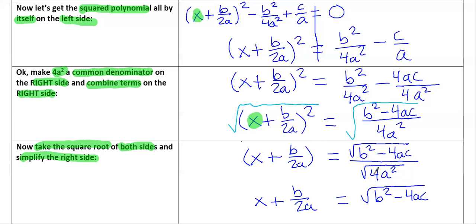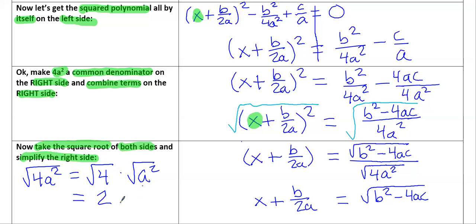So I could write that as the square root of 4, and I'll just do it over here so you guys can see it. So instead of doing it in a million steps in the actual problem, we can split this into square root of 4 times the square root of a squared. Well, what's the square root of 4? It's 2. What's the square root of a squared? It's a. So this is square root of b squared minus 4ac over 2a.